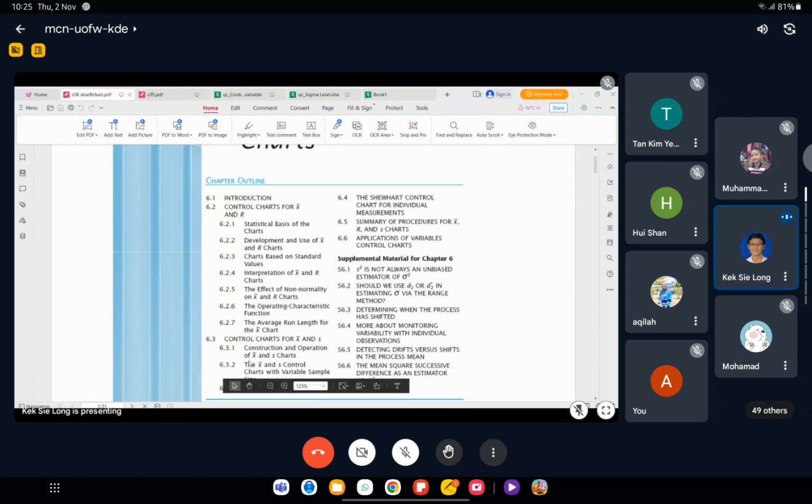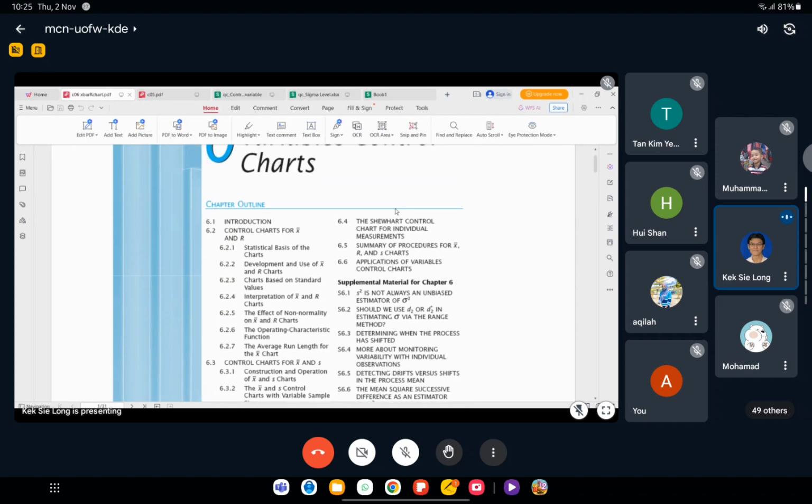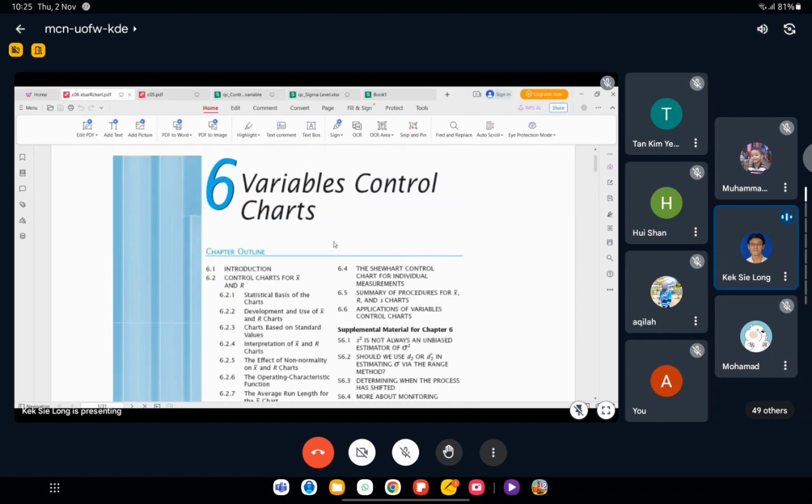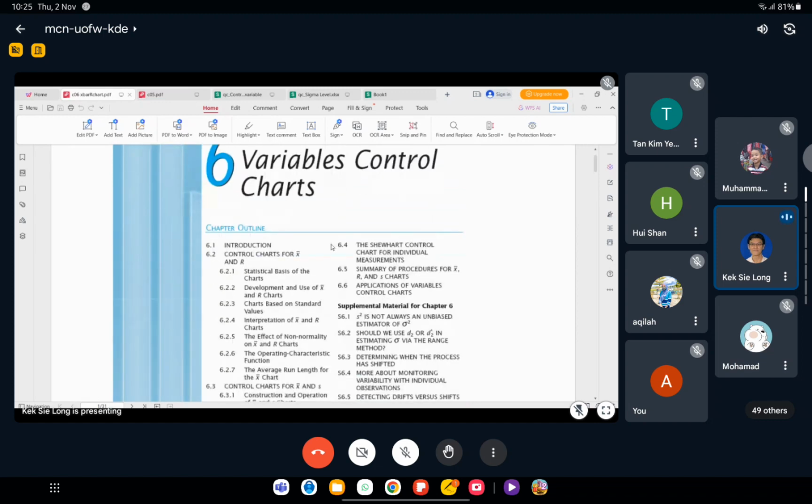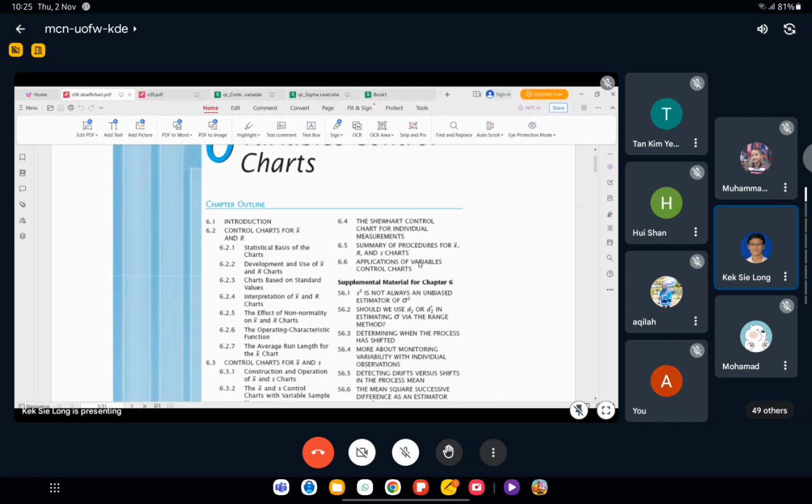What does IMR mean? You can see from here, 6.4, individual measurements. Okay, I repeat. In this chapter, variable control charts, we will discuss three pairs: X bar and R chart, X bar and S chart, and individual measurements control chart. So there are three pairs.